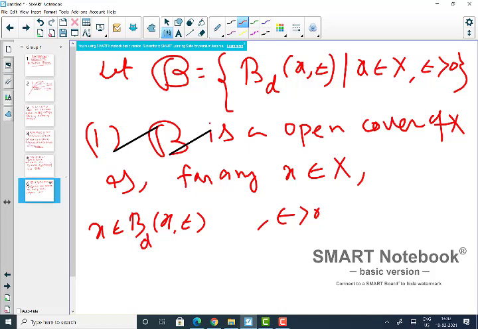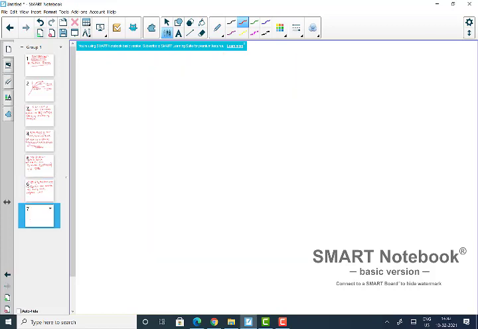And the second property is that given any such epsilon ball and any element in the epsilon ball, you can find another epsilon ball inside the given one. This is a very important property which will help us prove the second property of a basis. We will show that this forms a basis of some topology, and then you can generate the topology, you know how to generate it.